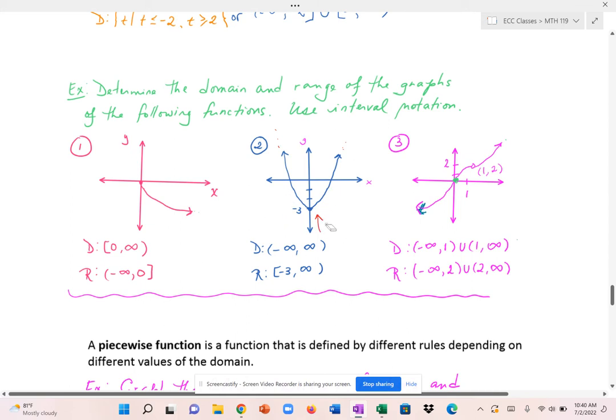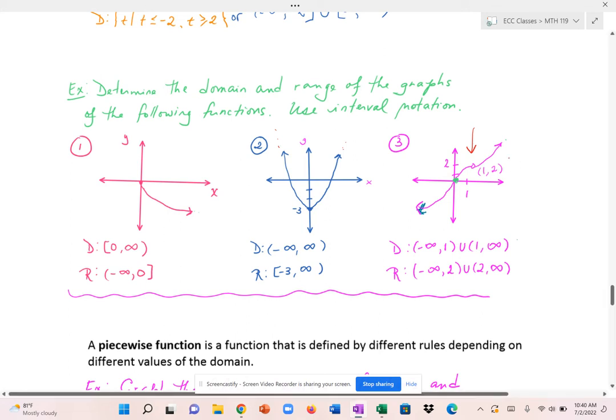Okay. In the next example, it looks like I have this curve in this purpley pink color, and everything is connected, but it looks like I have an open circle here at the point 1, 2. That means it's not defined there. Open means it is not part of the domain, it is not part of the range.